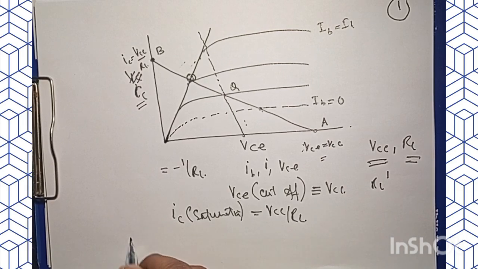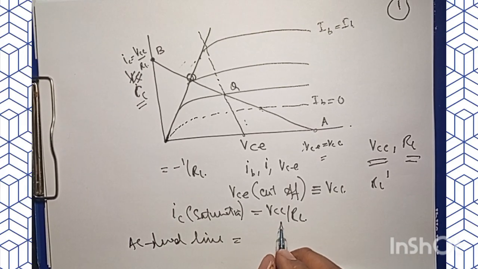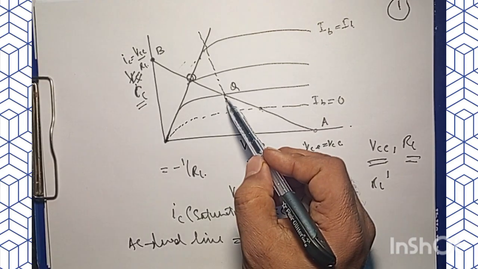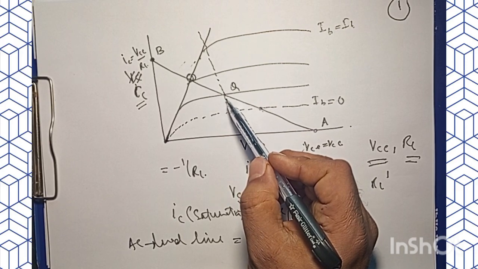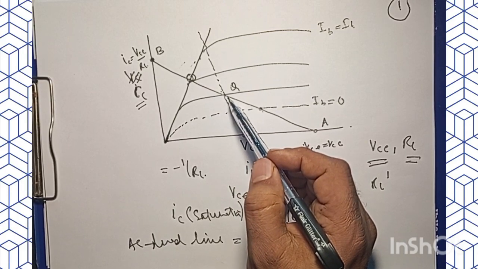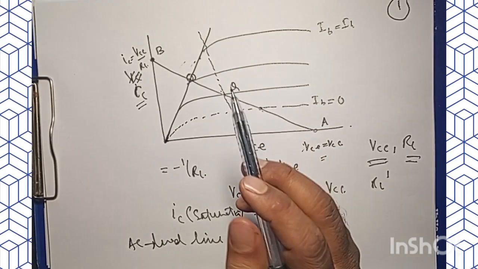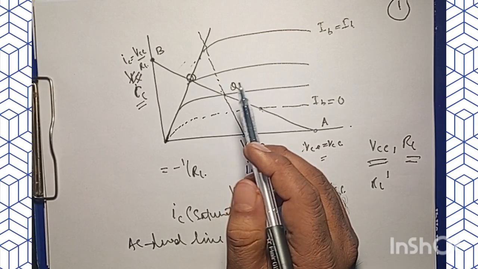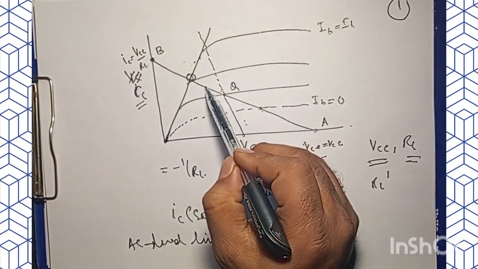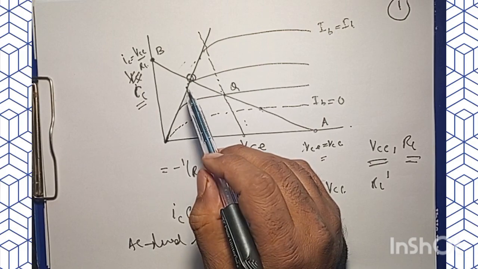The AC load line must pass through the quiescent point. Wherever the quiescent point is, this AC line should pass through this Q point, because the collector current under static conditions must remain unchanged. It's very important that the collector current remains constant.